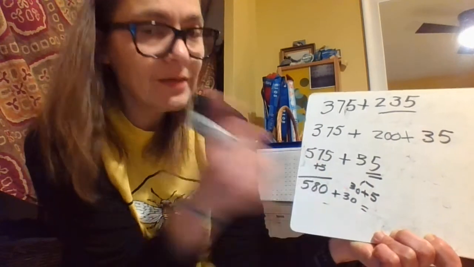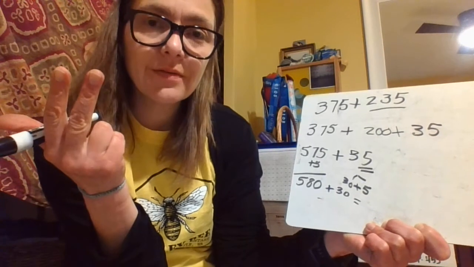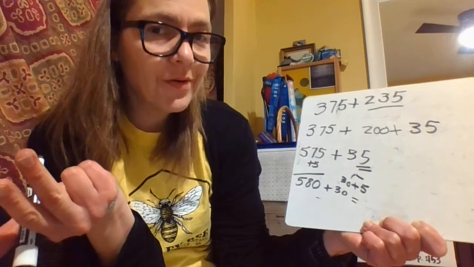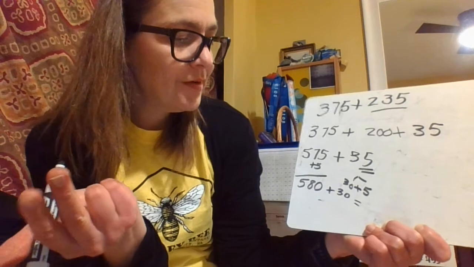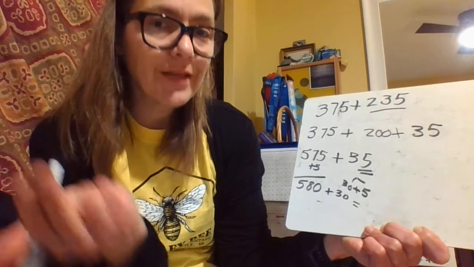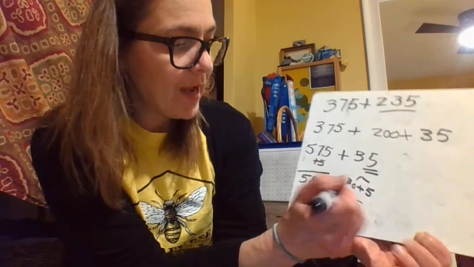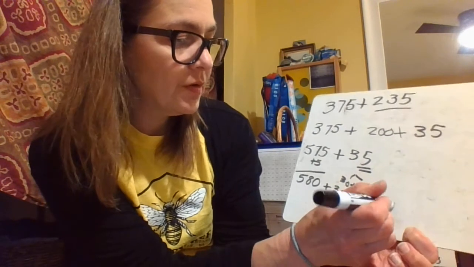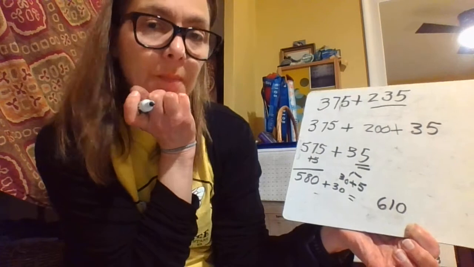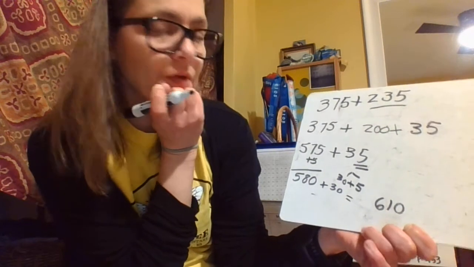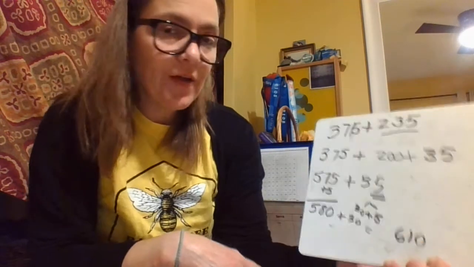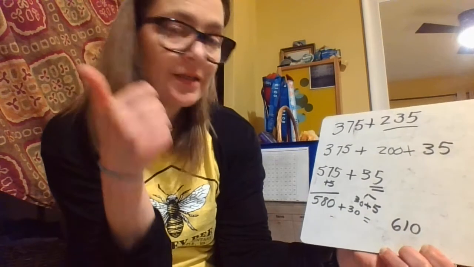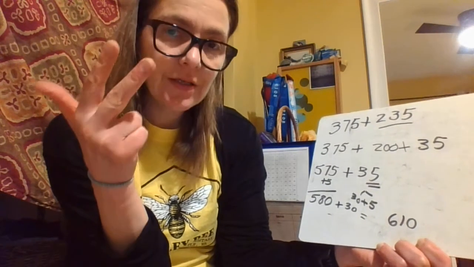And so 8, 9, 10, 11. So I know 80 plus 30 is 11 tens. So I'm going to have 610. So let me try that again with you. 580, 590, 600, 610.